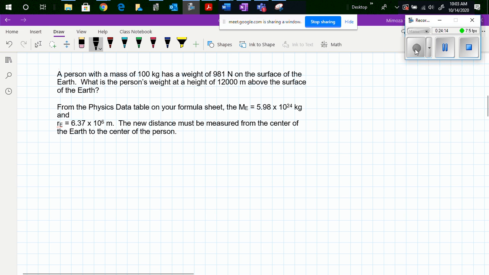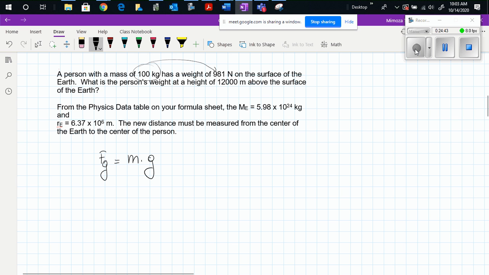So even when we read this question, if we connect with what we did in the previous part of this unit, a 100 kilogram mass has a weight of 981 newtons. Why is it like this? Because we said that the force of gravity is mass times acceleration due to gravity at the surface of the Earth.